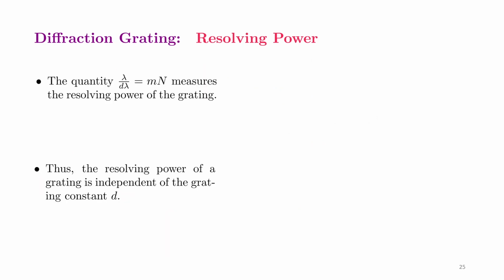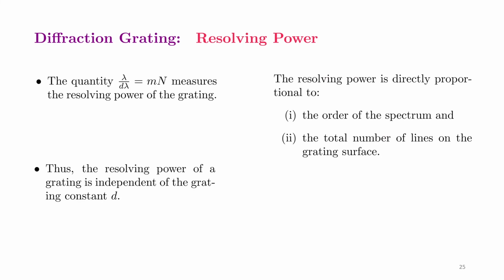Thus we see that the resolving power of a grating is independent of the grating constant d. The resolving power is directly proportional to the order of the spectrum and the total number of lines on the grating surface.